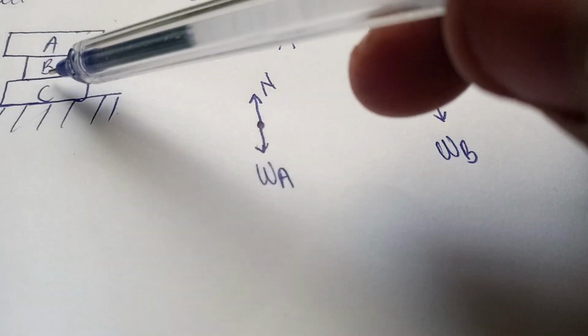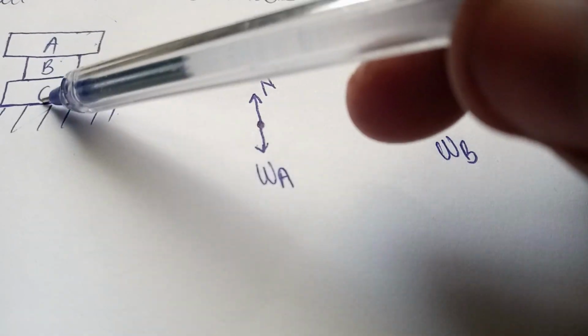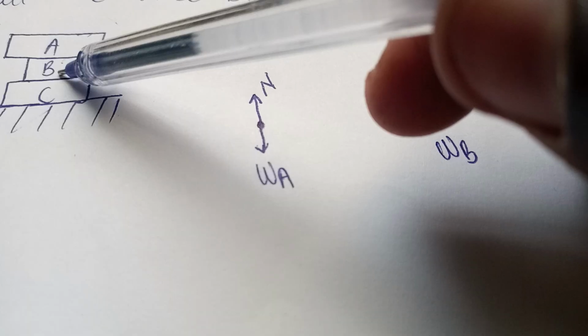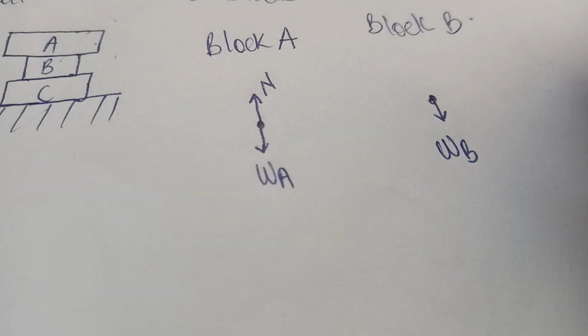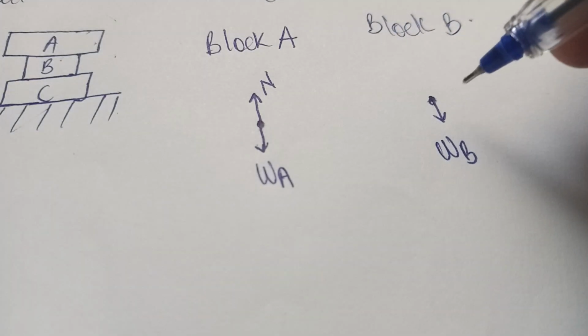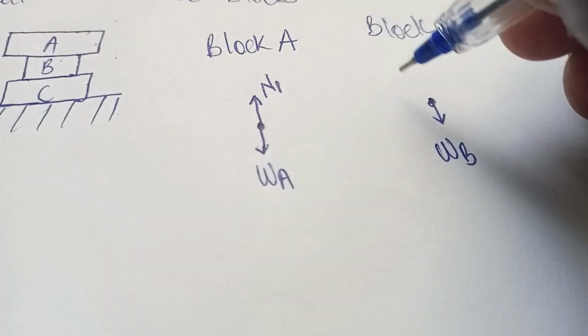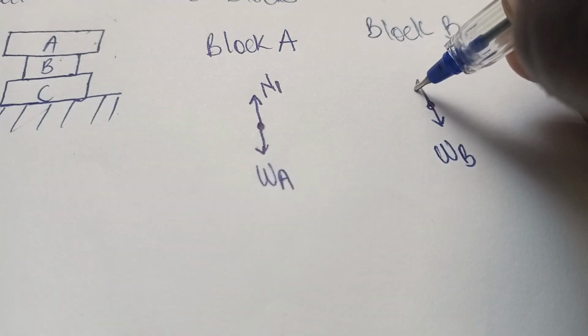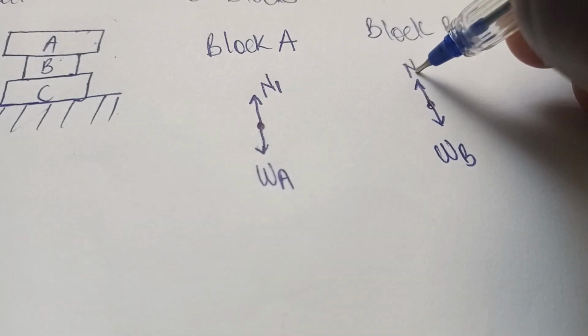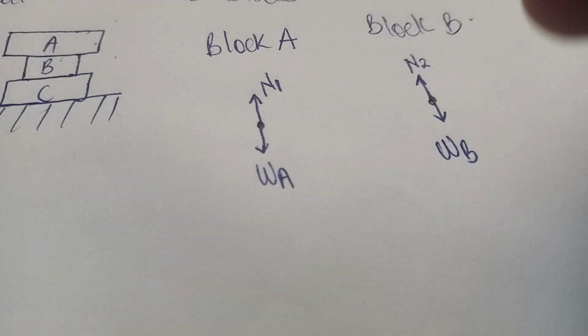Let's start with this one, because this weight acts here, so the normal reaction will act upwards. Let me call this one normal reaction 1. This one will be weight A, and this will be normal reaction 2. Normal reaction 2 acts here.